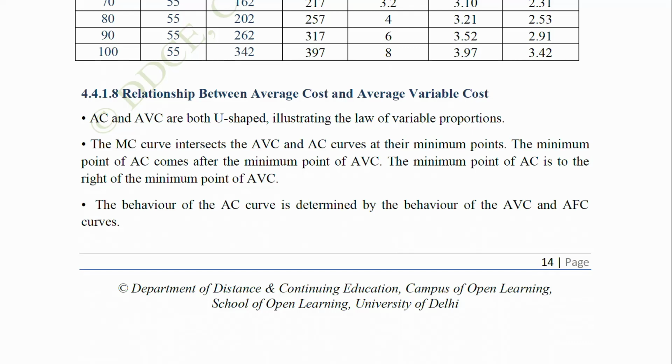The minimum point of average cost comes after the minimum point of average variable cost. The minimum point of average cost is to the right of the minimum point of average variable cost. Additionally, the behavior of the average cost curve is determined by the behavior of the average variable cost and average fixed cost curves.